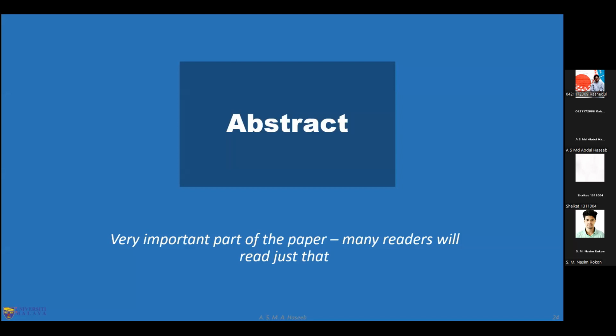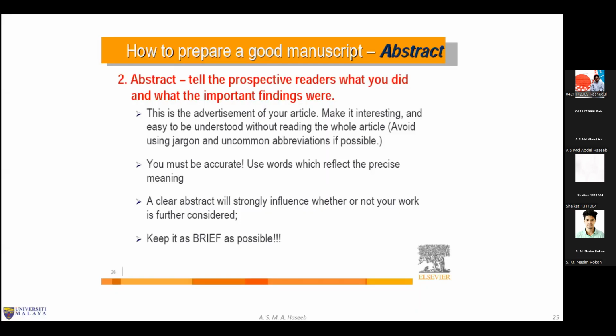Our next section is abstract. So once the reader is happy with the title, they think that they understand what is inside, and they know that this is useful for them, so they will now read the abstract. So that is the next thing. So we need to attract the readers into our paper. So the abstract is a kind of advertisement to your paper.